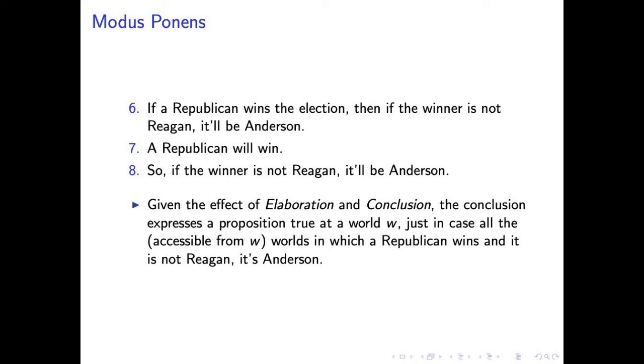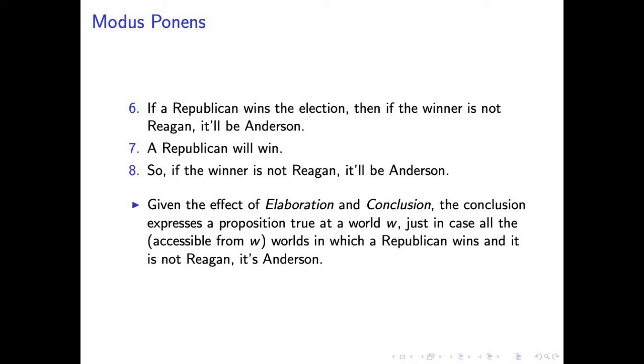So the first premise introduces a conditional. The antecedent introduces a possibility, one in which a Republican is the winner. The consequent further elaborates on that possibility. The elaboration makes it prominent, and that restricts the interpretation of the conditional in the consequent. Now, the consequent itself is a conditional. It introduces a possibility relative to what was just made prominent, namely the one in which the winner is not Reagan.